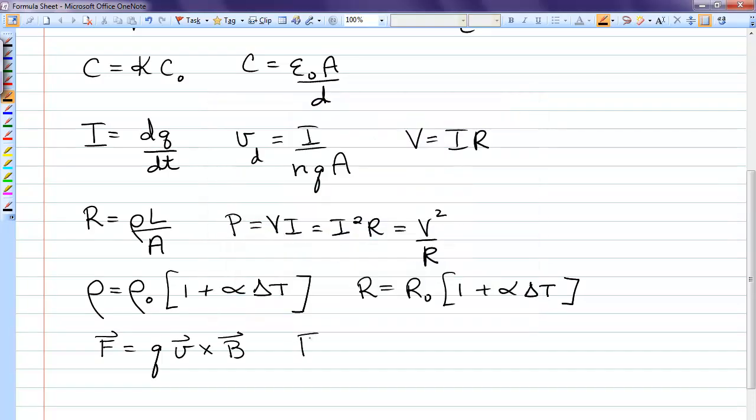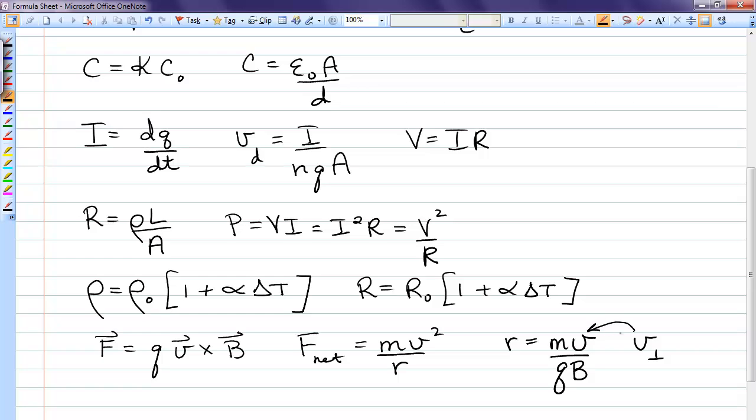So circular motion: F net is mv squared over r. That's just Newton's second law for uniform circular motion. And if you equate qvB with mv squared over r, you get the formula for the radius of circular motion in a magnetic field. Now the thing you have to remember about using this formula is that this velocity is actually v perpendicular.